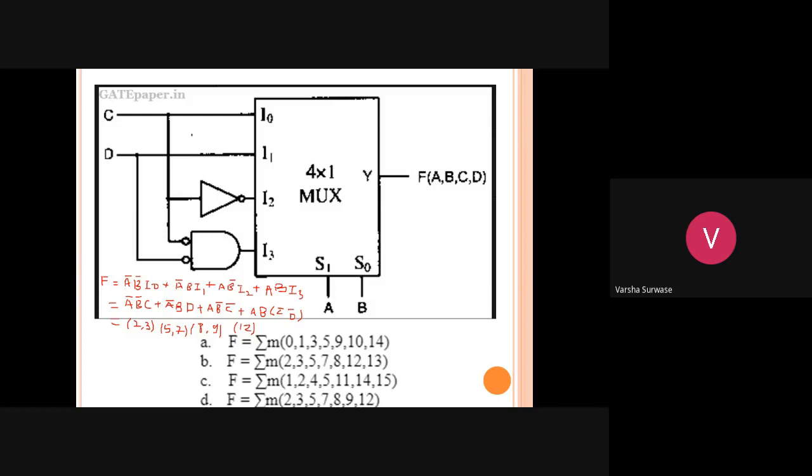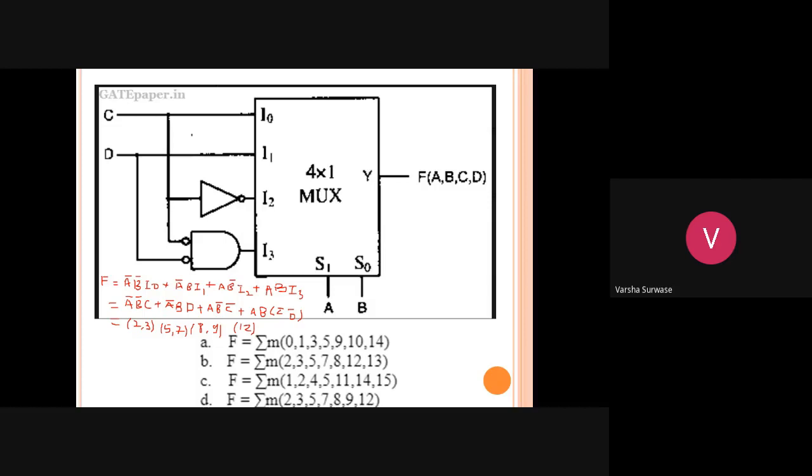When you convert this equation into standard sum of products, the minterms should contain all four variables A, B, C and D in each and every minterm. Here in A bar B bar C, D is absent.